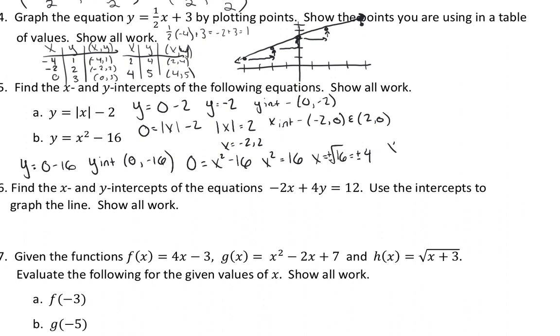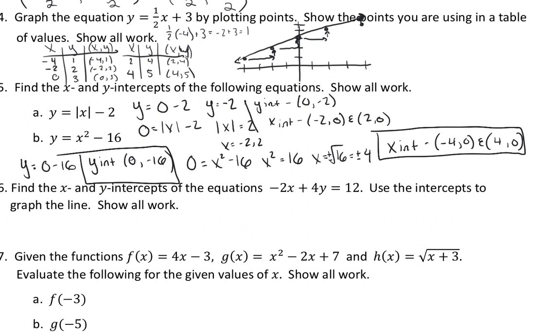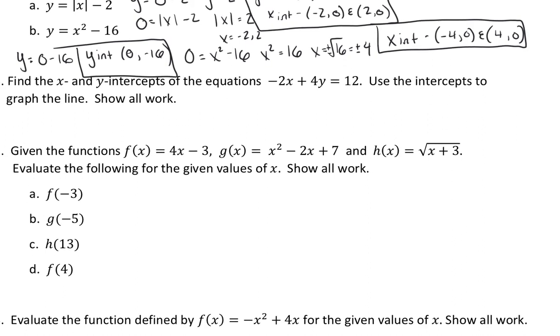So that means our x-intercepts are going to be -4, 0, and 4, 0. So there are all our answers.